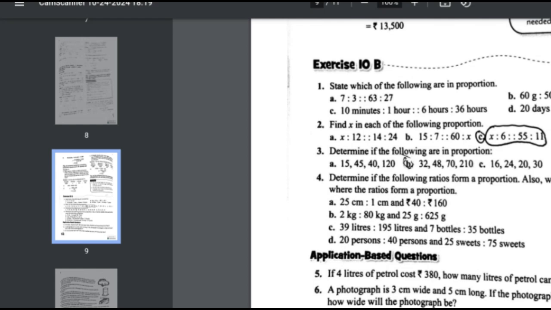So I'm supposed to write 380 ratio 665 and 4 to x?